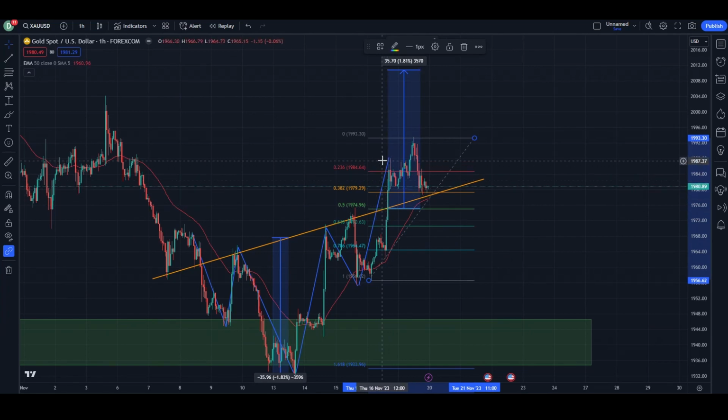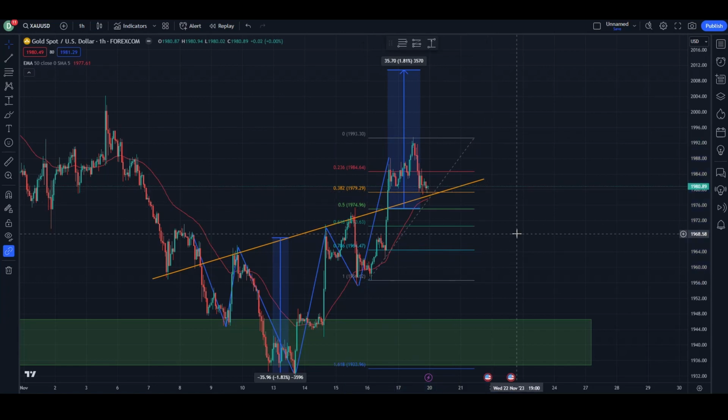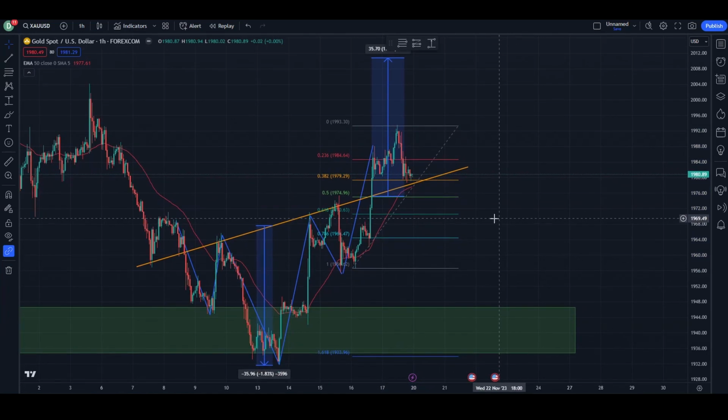What is happening right now is that it went up, got to around 1993, and now it's retesting it. In about half of the cases of successful inverse head and shoulders patterns, the price does a retest of the neckline after the breakout before going up higher.